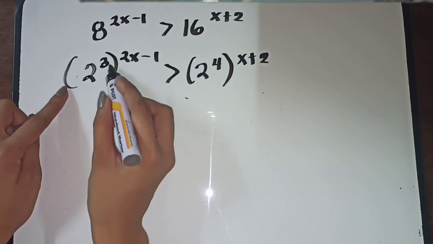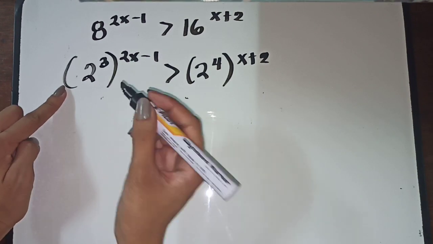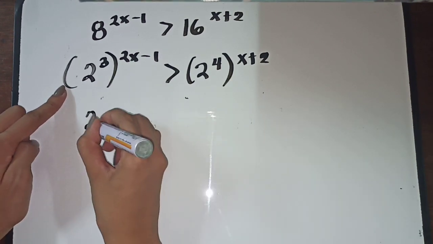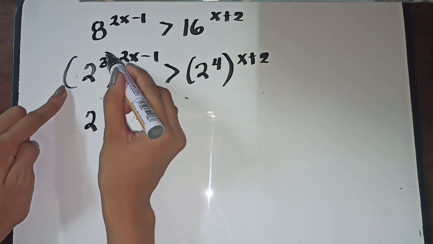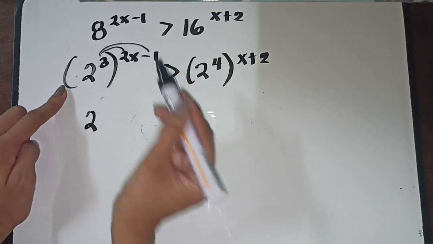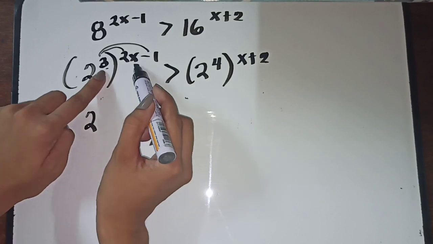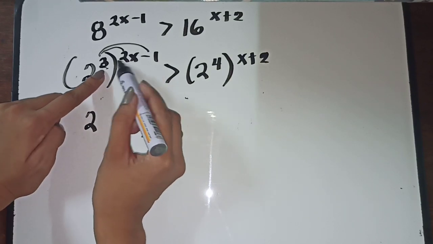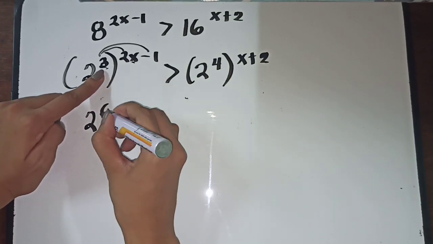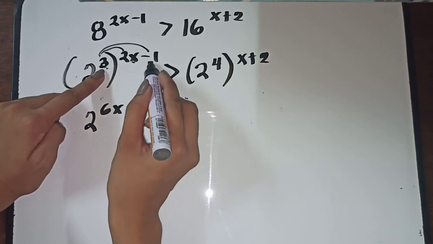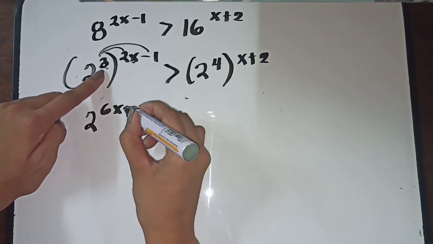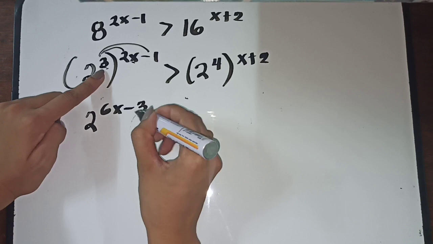So this 2 raised to 3 raised to 2x minus 1 is equal to 2 raised to... itong exponent ay kailangan kong i-multiply. 3 multiplied by 2x minus 1. So 3 multiplied by 2x is 6x. And 3 multiplied by negative 1 is negative 3.